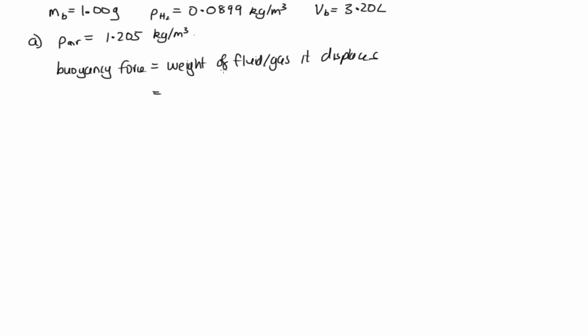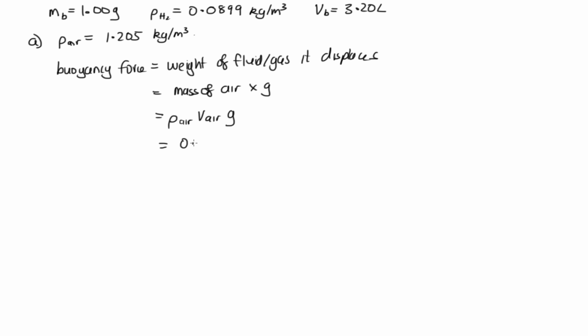So the weight of the fluid displaced is going to be the mass of air times G, and we can calculate the mass of air as it's the density of air times the volume of air times G. And now we can substitute in.